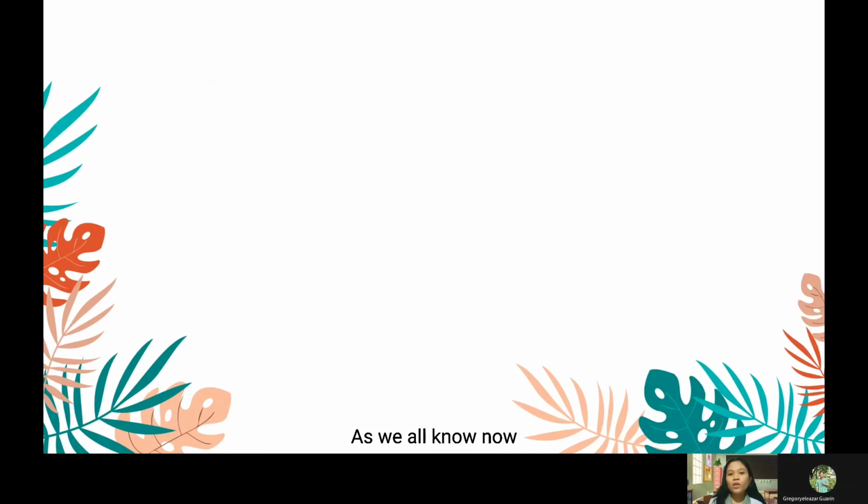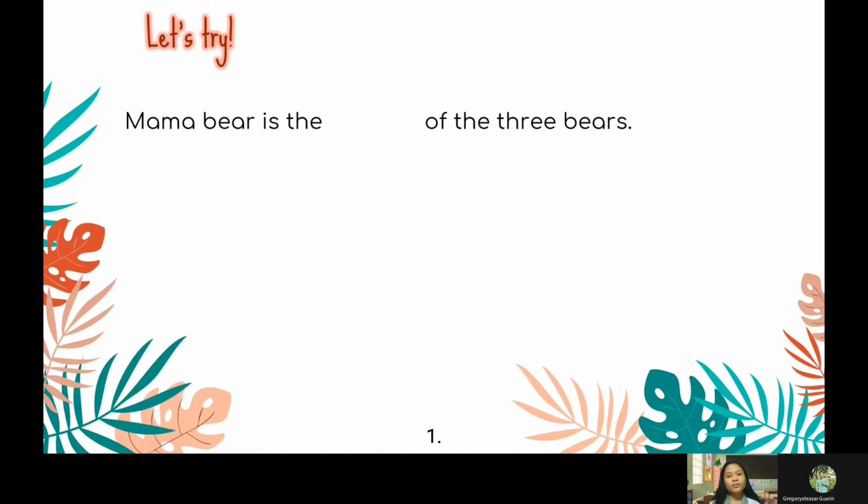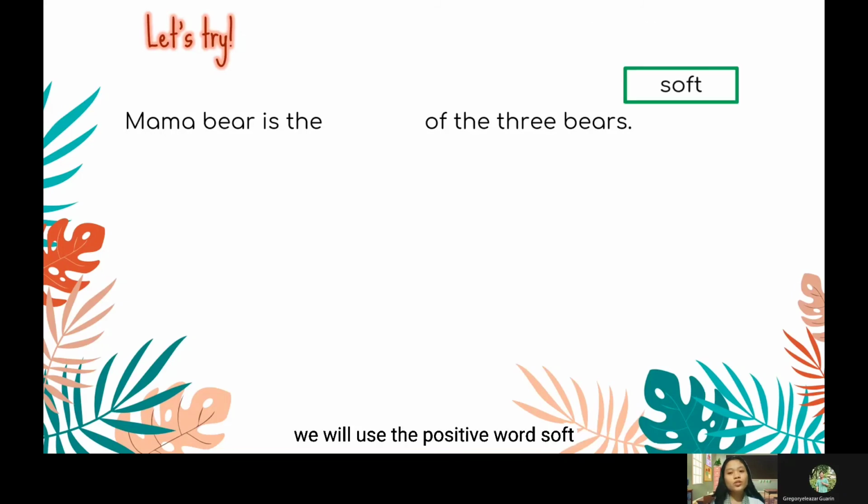As we all know now the differences between the three, let's complete the sentences. Let's try. Number one. Mama Bear is the blank of the three bears. We will use the positive word soft.